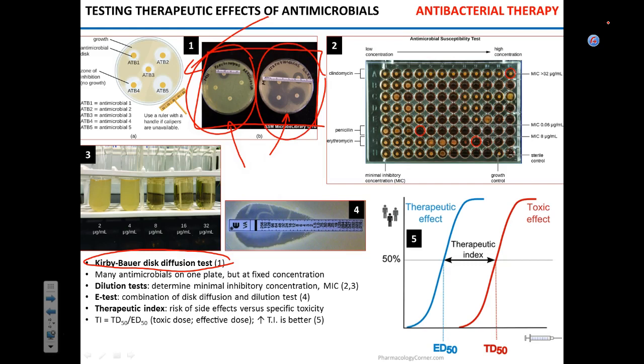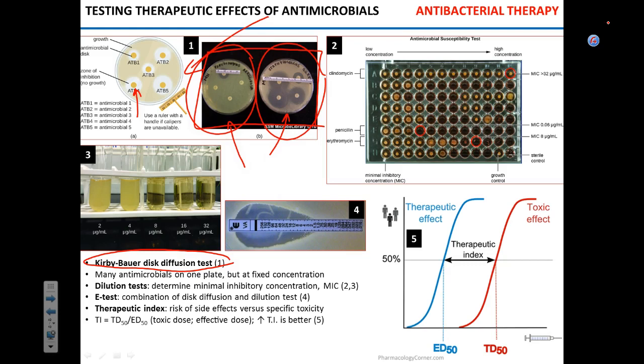Because you basically look at the disc with a particular concentration of antibiotic in that disc. Antibiotic starts to diffuse away from the disc into the agar, and as it diffuses, its concentration gradually decreases.